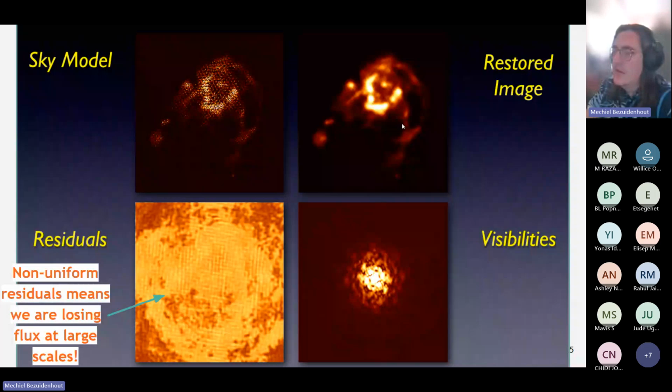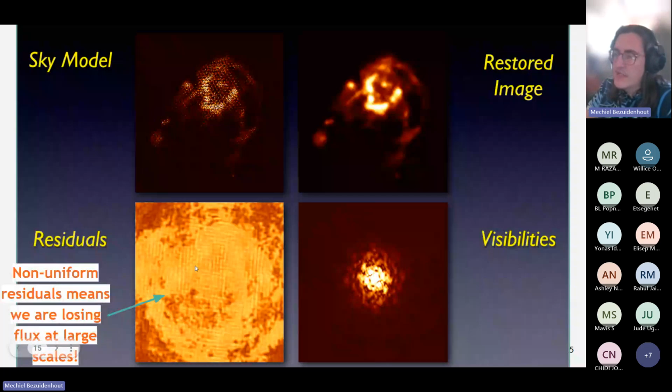And then when you take the residual, which means the image minus this model, then you get residuals like this. And you can see that the residuals are non-uniform. They're not equal across the plane.